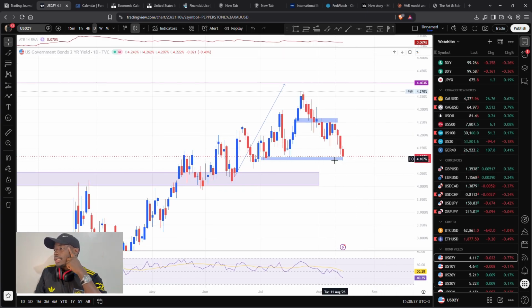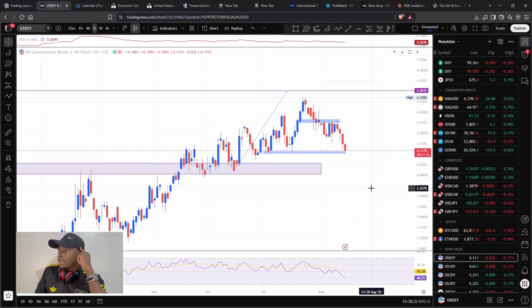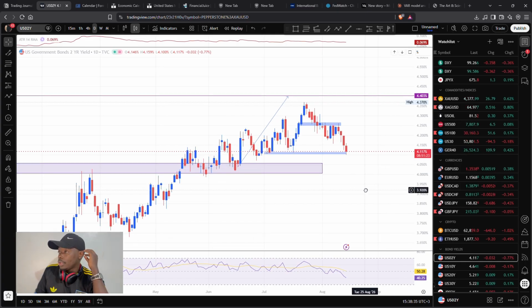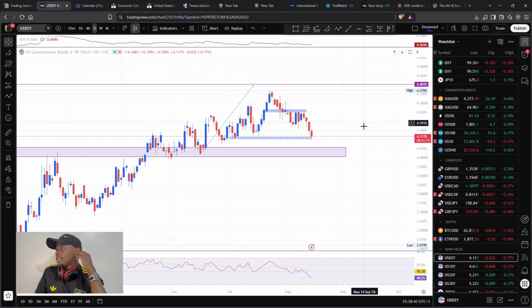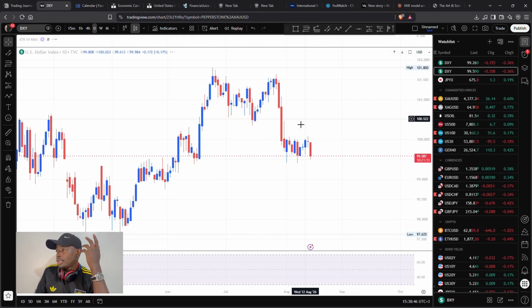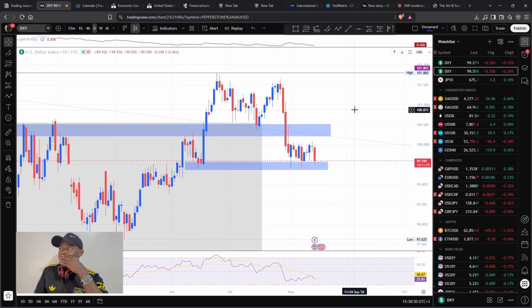So it's currently pushing lower, which means the case for a more hawkish Fed is waning. That just solidifies my bias on a weaker dollar. If you see yields pushing lower, then the biggest probability is the dollar will also continue to push lower and lower. So I think that's it for me for this week.